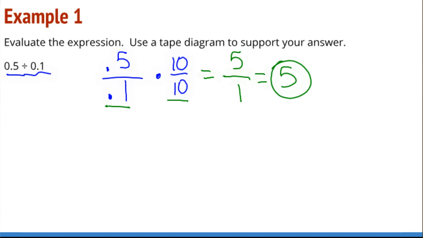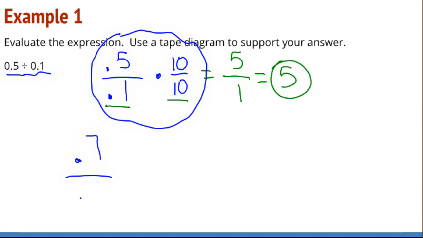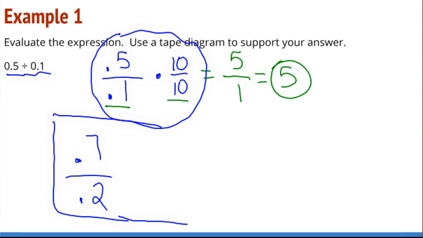So taking a look at what we've got here, what is a conjecture that we can make? Well, because we've done all this work with ratios, and we know about scaling, I should be able to make the statement that if I have a division problem with decimals, and I write it in this ratio form here, if I multiply the numerator and the denominator by the same thing, I'll get the same quotient.